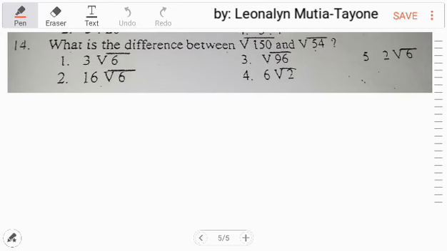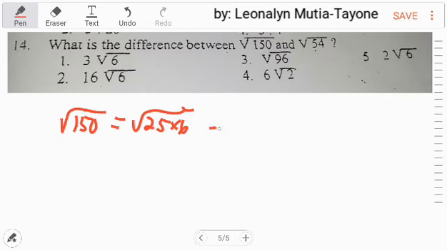Kaso hindi natin ma-minus kasi nasa loob sila pareho ng radical sign na hindi rin pareho yung numbers. So, ang gagawin natin, itong 150, square root of 150, hanapan natin siya ng perfect na square root. Bali, i-factor out natin siya. So, ang mga factors nito ay 25 times 6.